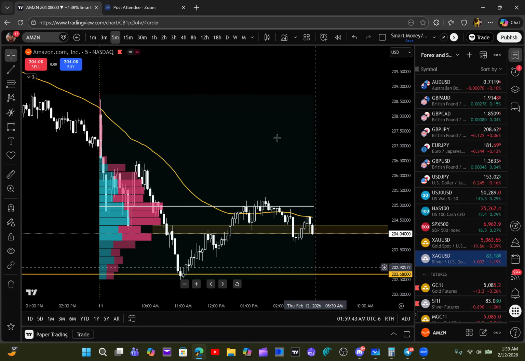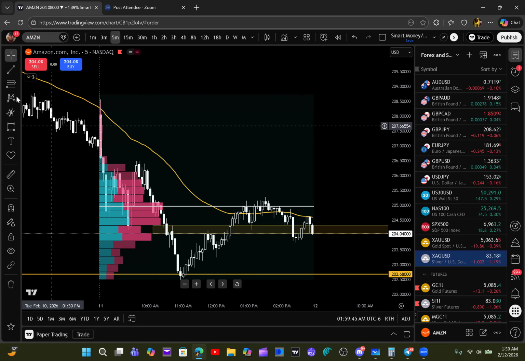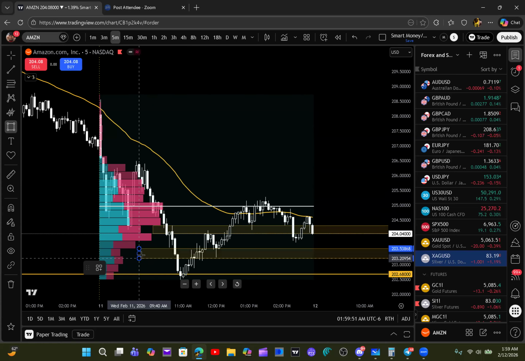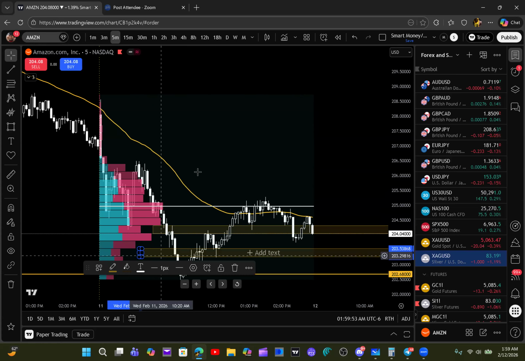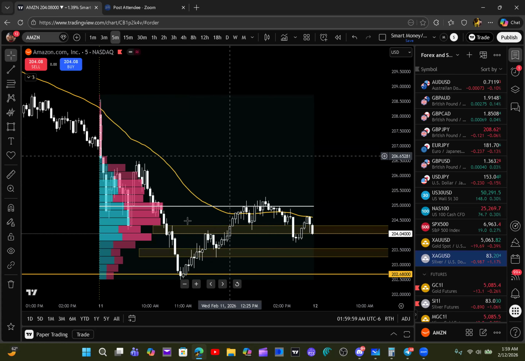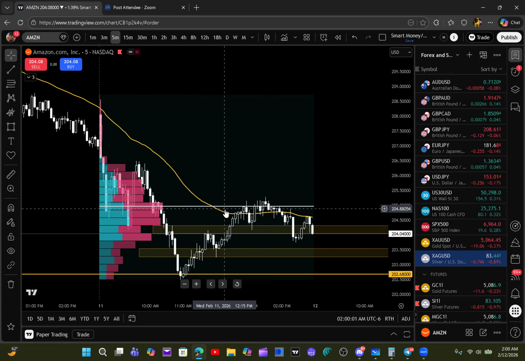Broke through. Seems to work better with futures than stocks. This one gave a nice little break through, came, tested. That's the thing. How you know if it's gonna break through or if it's gonna reject? That's the only thing.